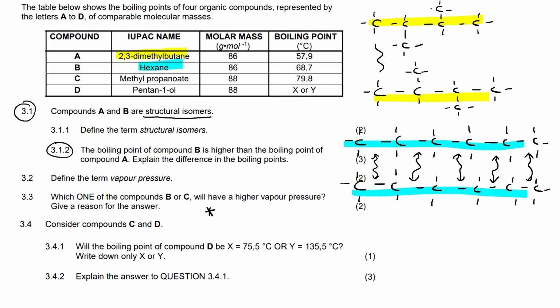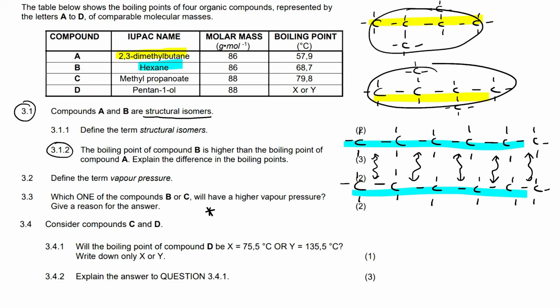They can't really get close. But the technical reason as to why these have weaker London forces, yes, it's because of the branches, but what the branches do is they cause the surface area that is available to become less. So the more branches you have, the less surface area you have available for London forces to act. So because these London forces are not going to be as strong, it would be much easier to separate these from each other.